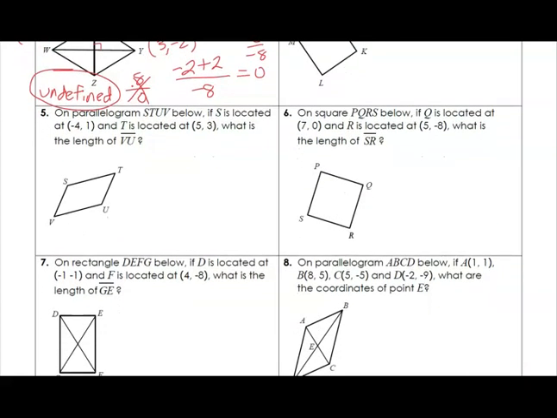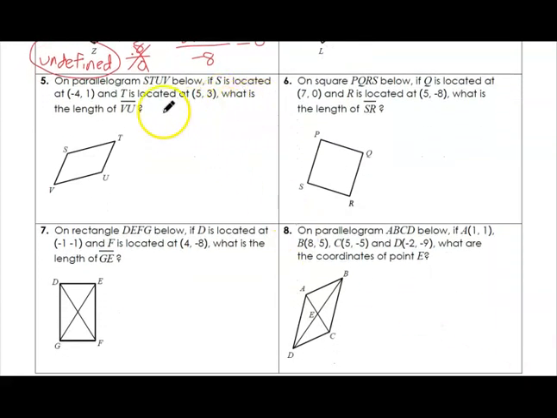Right, a couple more on this parallelogram. S is located at -4, 1. T is at 5, 3. What is the length of VU? All right, so if we find ST's length, VU is going to be the same.